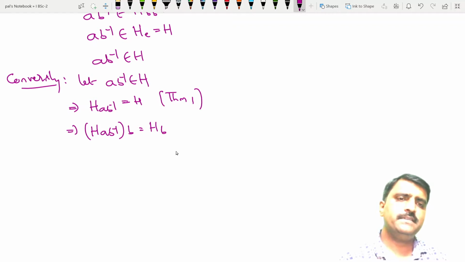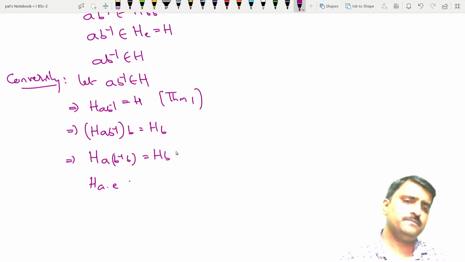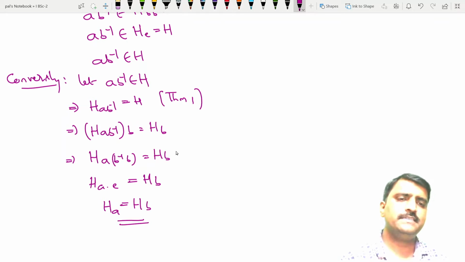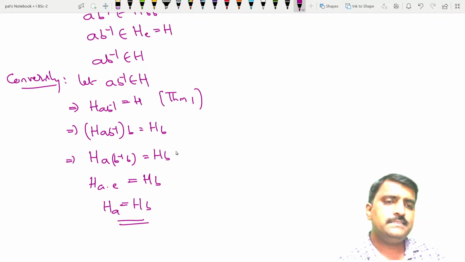What it implies is that we can write this as HA into B inverse B, which is equal to HB. That is, HA into E is equal to HB. A into E means that is A. So HA is equal to HB. So HA is equal to HB implies that AB inverse belongs to H.